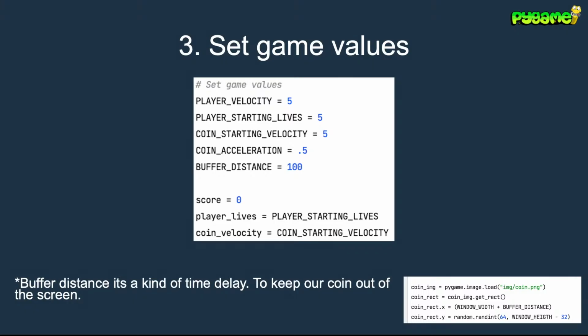Player lives because our lives are going down in some cases. And the coin velocity because our coin is moving faster and faster every time the coin touches the dragon.